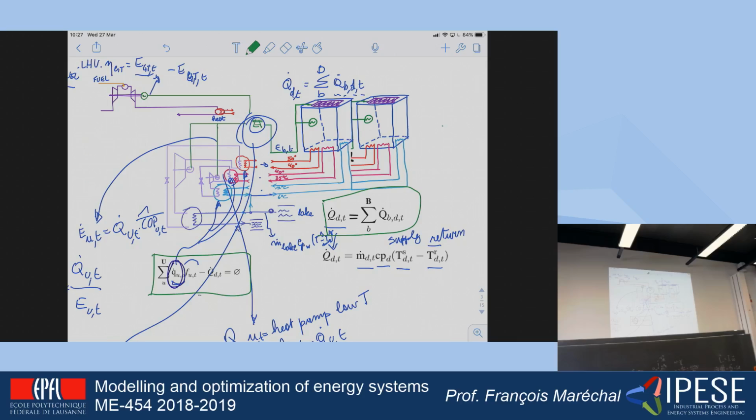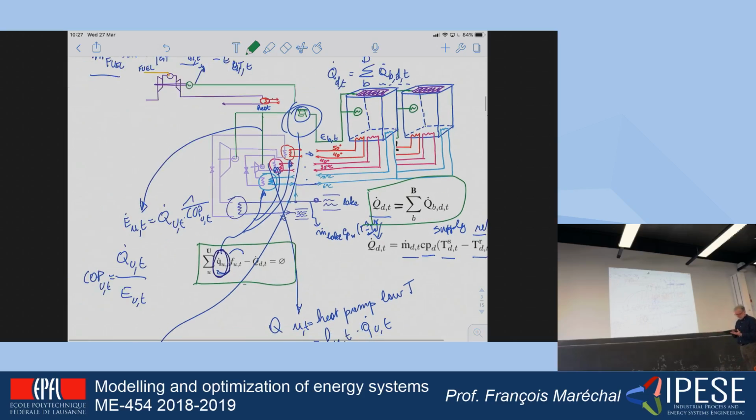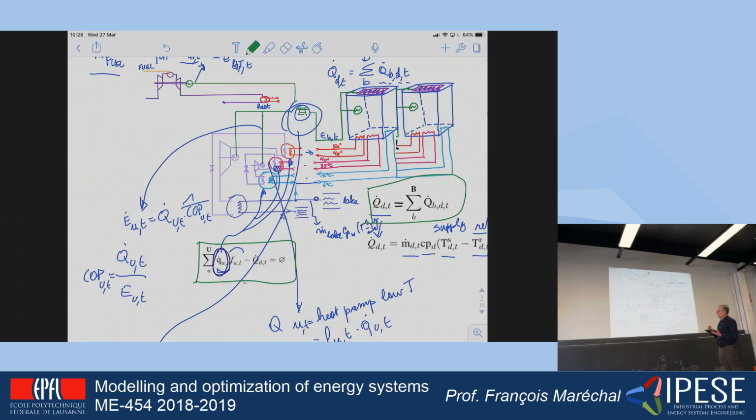And I remind you that in EPFL we have two different types of distribution system, one at high temperature and one at low temperature. What we have also seen is that I will have to account for the fact that when I'm supplying a certain amount of heat by the unit U, I'm always going to consume a resource or a distributed energy.